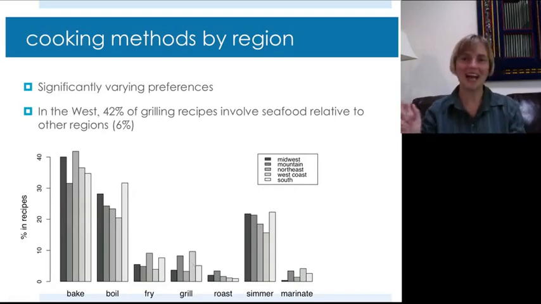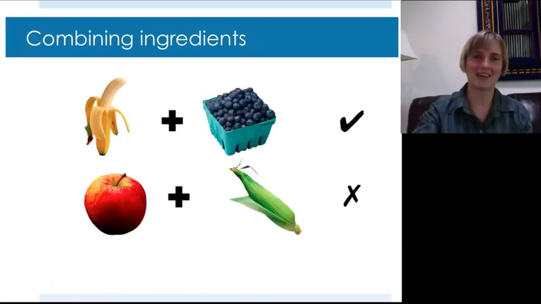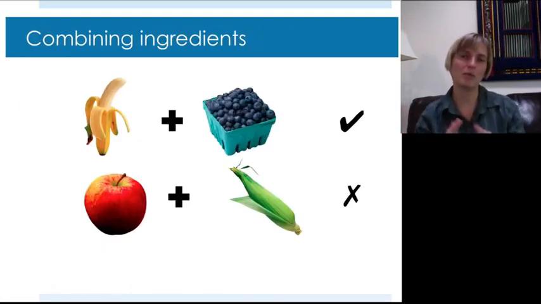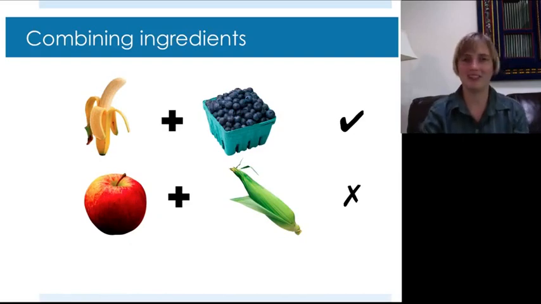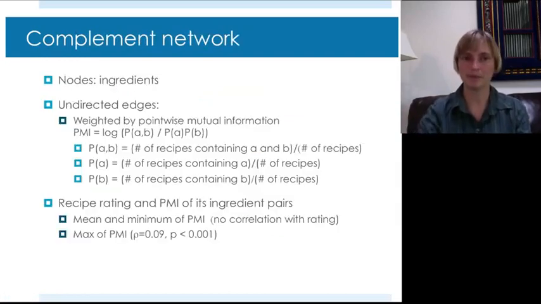So we had a sense, okay, there's some encoding of real-world phenomena in this aggregate data set. But what we were more interested in was, how can we apply network analysis to this? We're wondering whether there are some combinations of ingredients that might, and this is just hypothetical, maybe bananas and blueberries go well together, but apples and corn not as well.